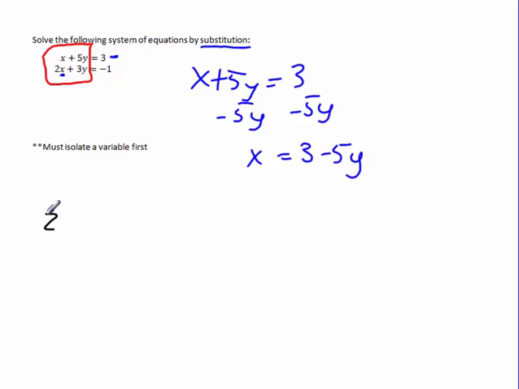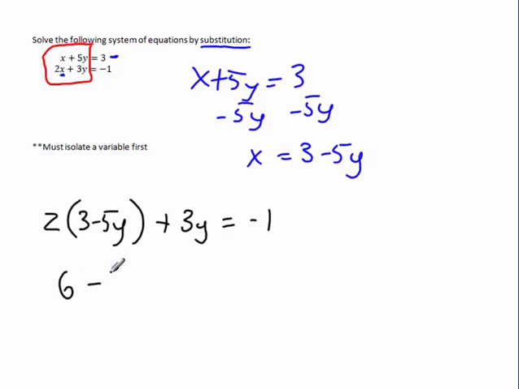So now I get 2 times (3 minus 5y) plus 3y equals negative 1. And now I can distribute and combine like terms. So the 2 distributed to this binomial gives us 6 minus 10y plus 3y equals negative 1.